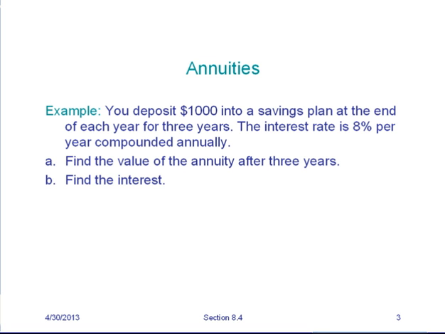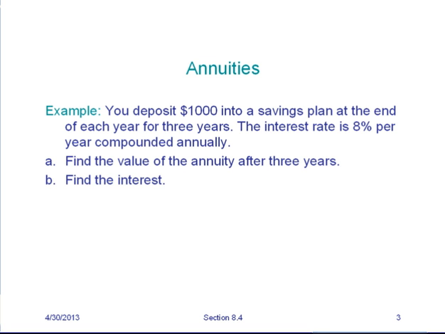So let's say, for example, you deposit $1,000 into a savings plan at the end of each year for 3 years. The interest rate is 8% per year, compounded annually, and find the value of the annuity after 3 years. So here's what's happening.